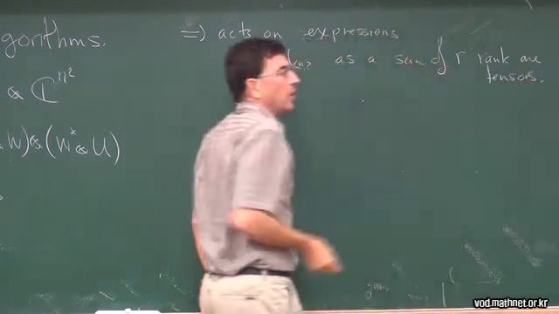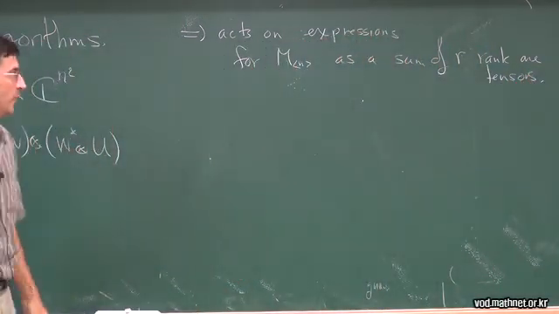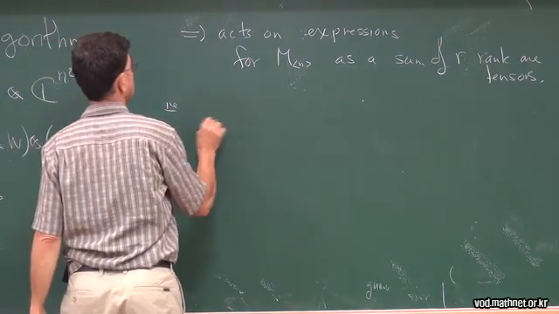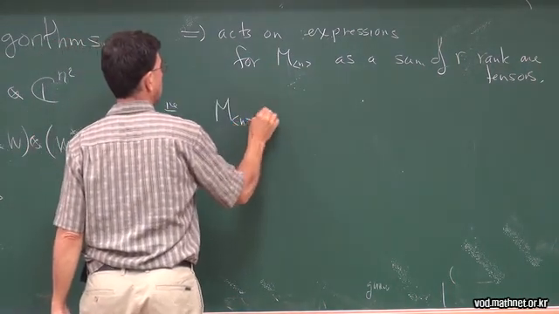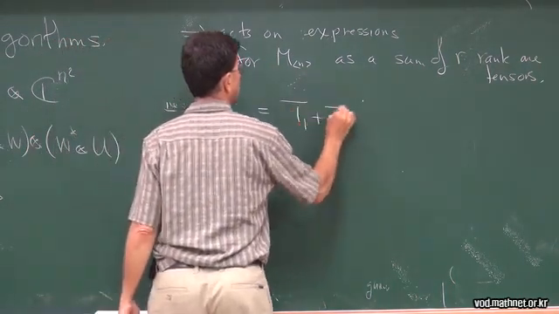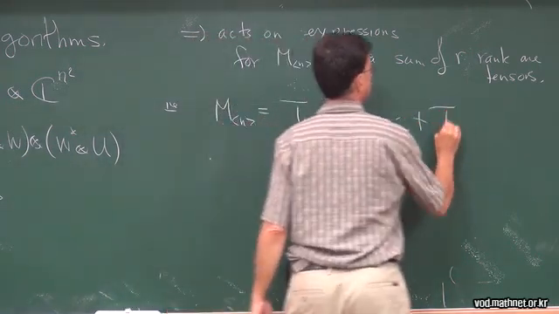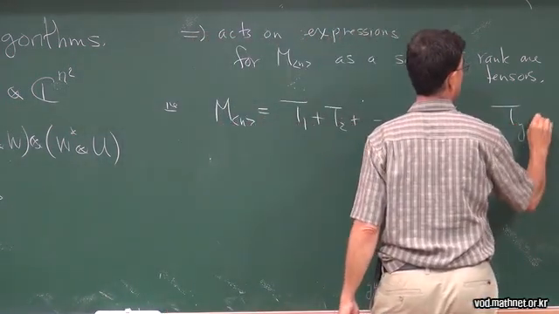So say I don't know what R is, so I just call it R. Let's say we have that M_n is equal to T_1 plus T_2 plus up to T_R, each T_j of rank 1.